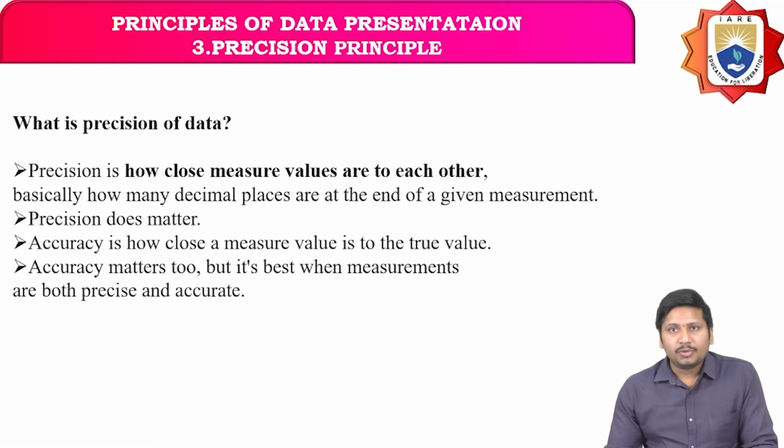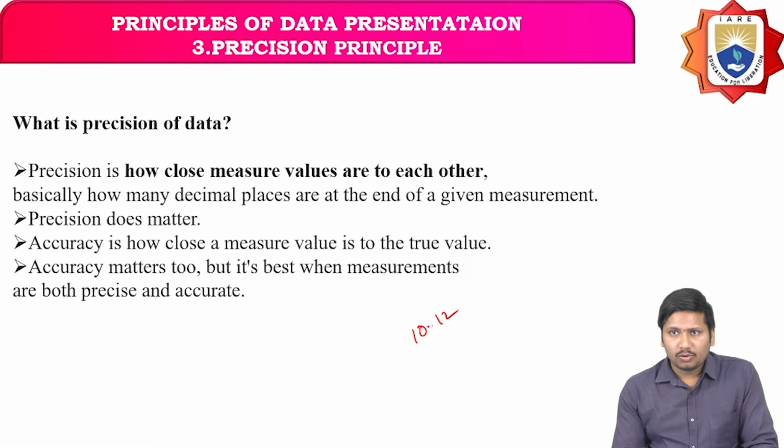So what is the precision of the data? Precision is how close the measured values are to each other. Suppose we are collecting data from different sources, sometimes from lab experiments and scientific values. How precise is it? Suppose I take 10.12.